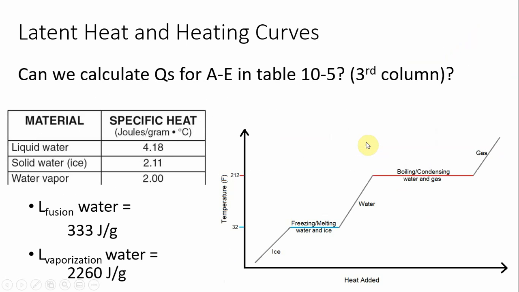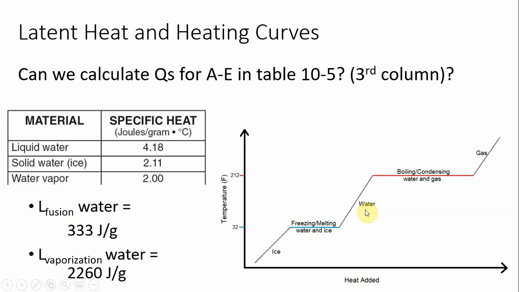But when we're undergoing these phase changes, we have these other values, the latent heat of fusion of water and the latent heat of vaporization for water. We can see that this is a much larger value for this particular phase change. We're going to have to add a lot more heat to go from liquid to a gas than we would to go from a solid to a liquid.